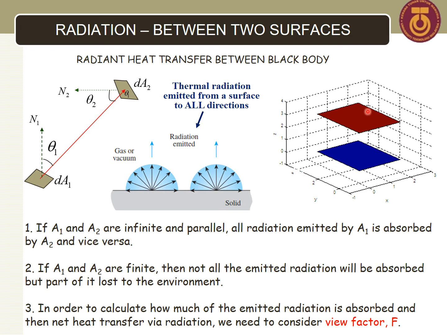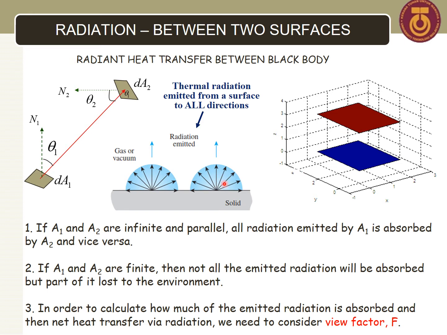Not all thermal radiation emitted by surface 2 falls on surface 1; part of it will be lost to the environment. Some of the emitted radiation will reach surface 2, but some will just be lost to the surroundings.